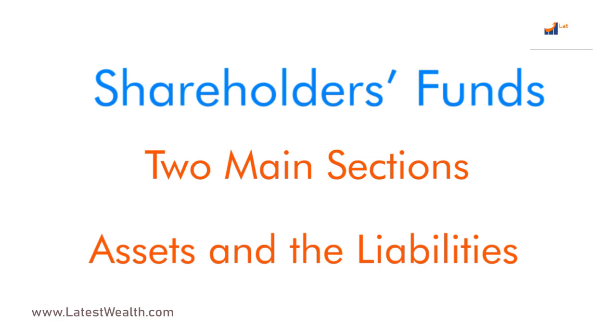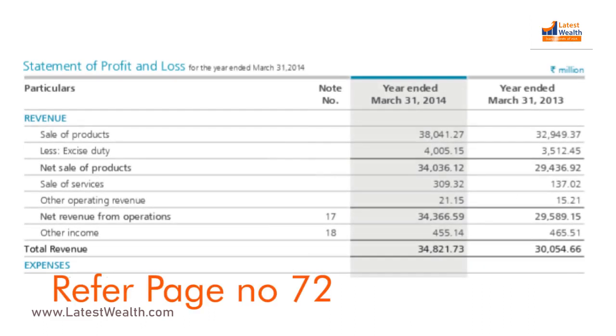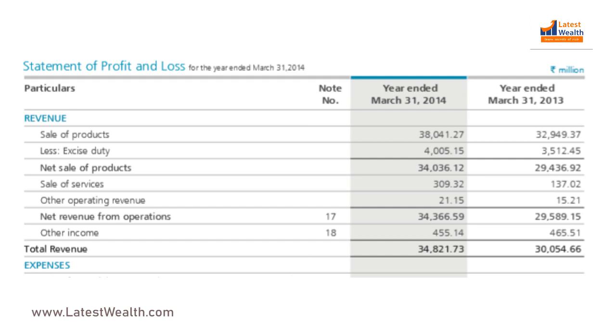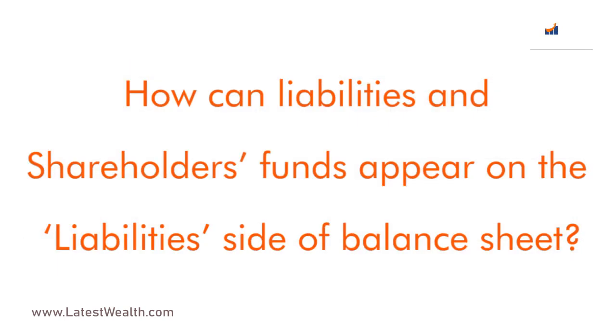Please understand very clearly. If you think about it, on one hand we are discussing liabilities, which represent the obligation of the company, and on the other hand we are discussing shareholders' fund, which represents shareholders' wealth. This is quite counterintuitive, is it not? How can liabilities and shareholders' funds appear on the liabilities side of the balance sheet?